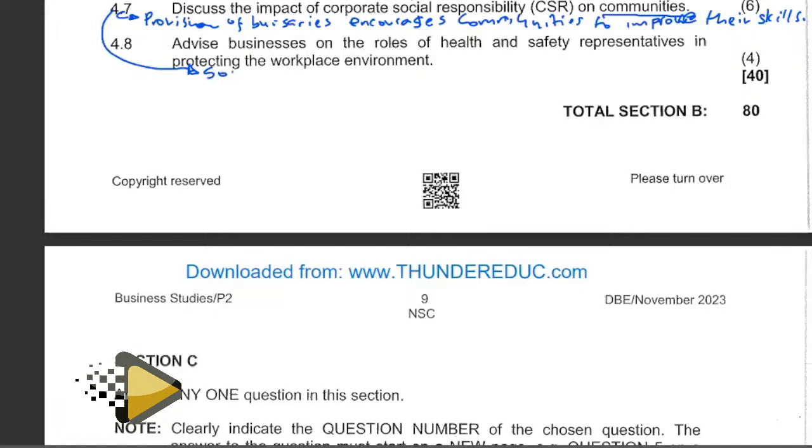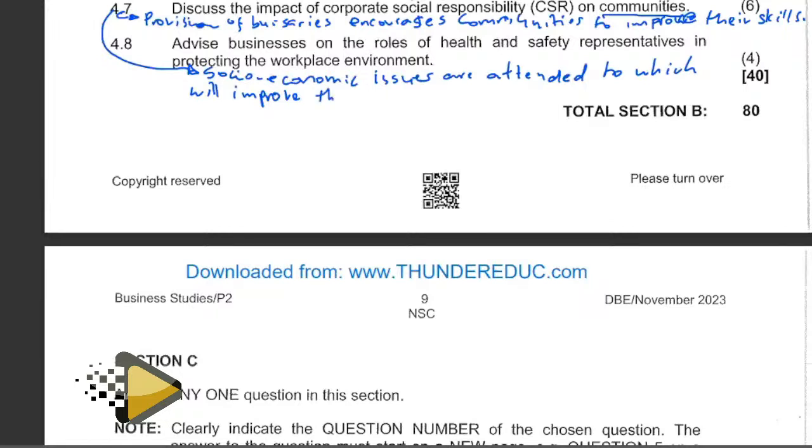Also, we said that socioeconomic issues are attended to, which will improve the welfare of the community.